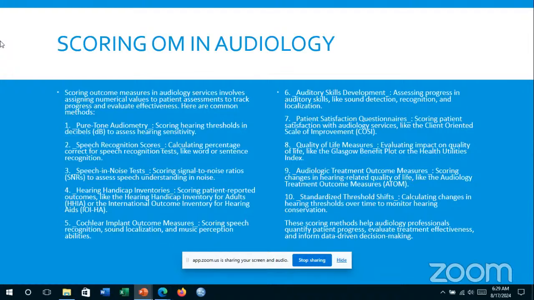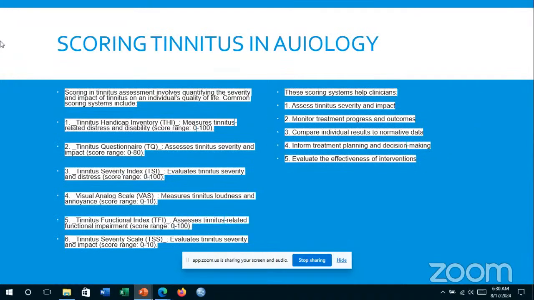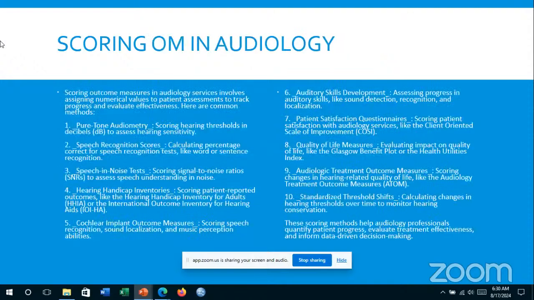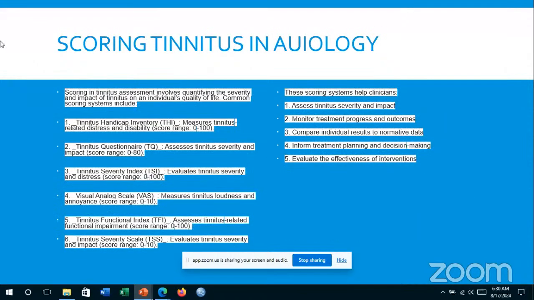And about tinnitus as an aspect in audiology, if you use tinnitus handicap inventory, if you measure the tinnitus related distress and disability, all the comorbidities that are attached to tinnitus problem will be scored. Tinnitus questionnaire, we assess tinnitus severity. How severe? Is it the high pitch tinnitus or low pitch tinnitus? The score will be within 0 to 100.